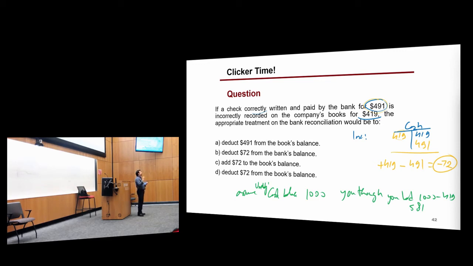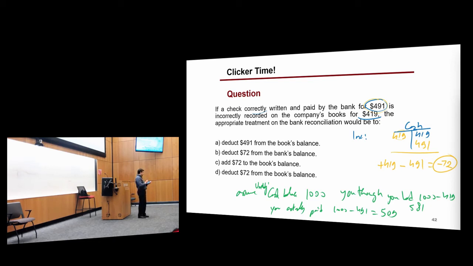In reality, how much did you actually pay? You actually paid 1,000 minus 491. That would be 509. That's how much you actually have. But your books, they show 581.